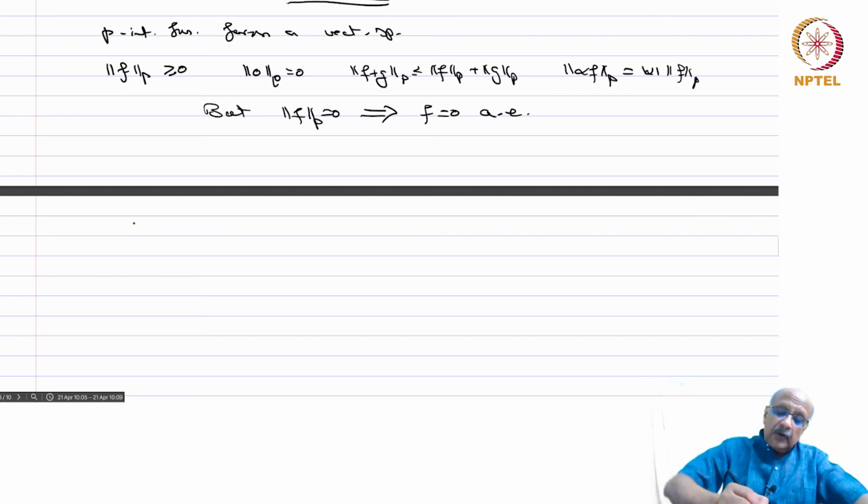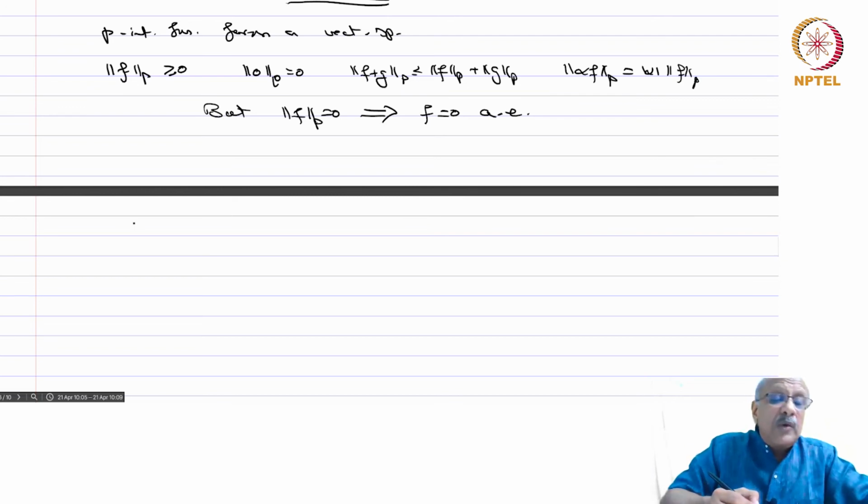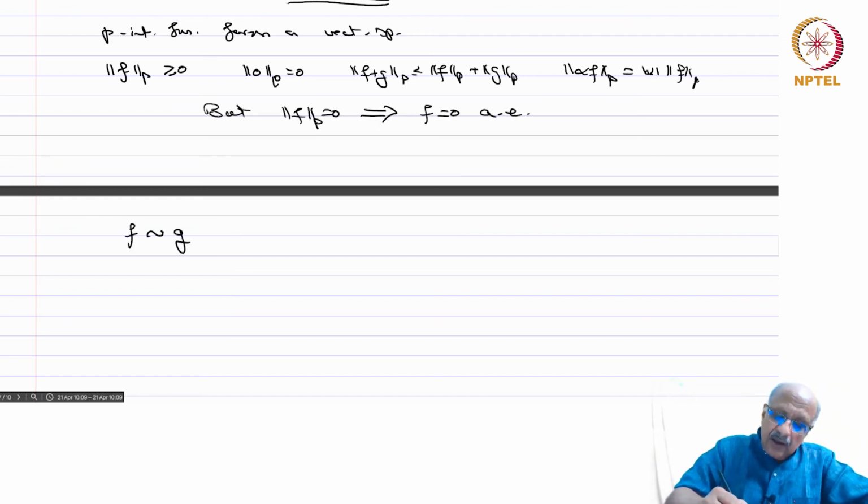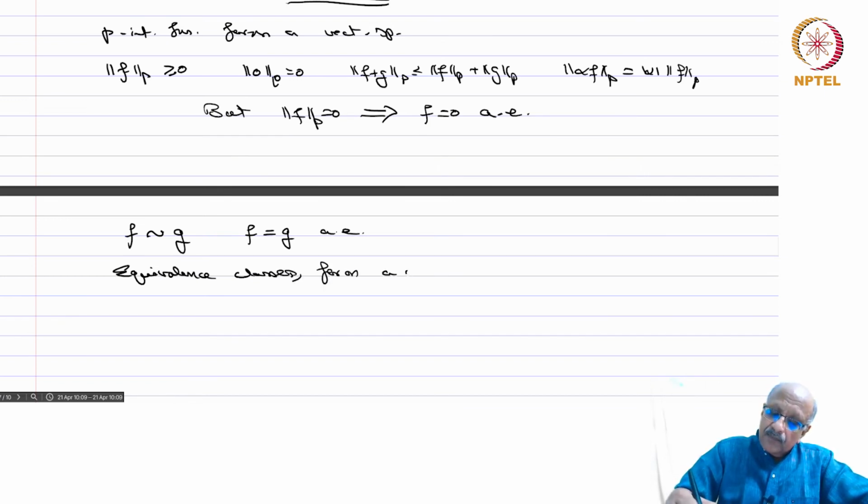So what we are going to do is the usual thing we do in mathematics, namely quotient out the difficulty. So we say f is equivalent to g if f equals g almost everywhere. Now if you take the equivalence classes, they form a vector space. Why?